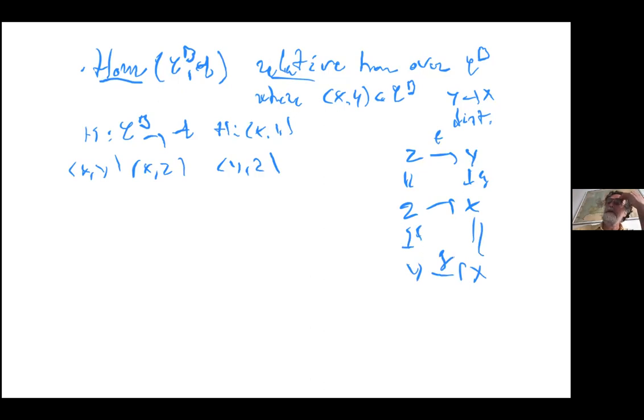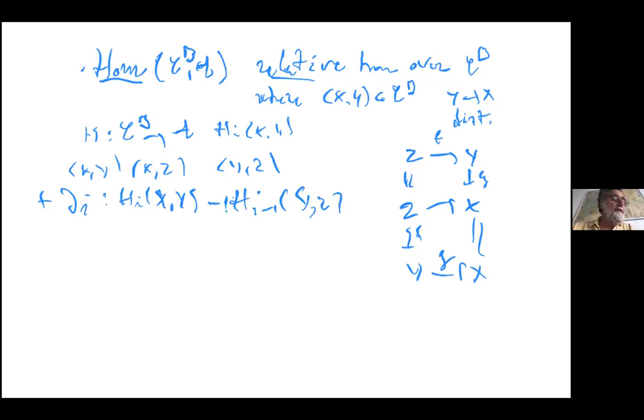Okay, so you see the maps from (Y, Z) to (X, Z) and to (X, Y), and so we have to add to these functors another data, which is the connecting map from H_i(X, Y) to H_{i-1}(Y, Z).